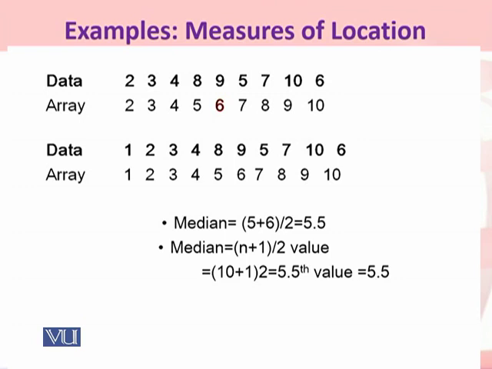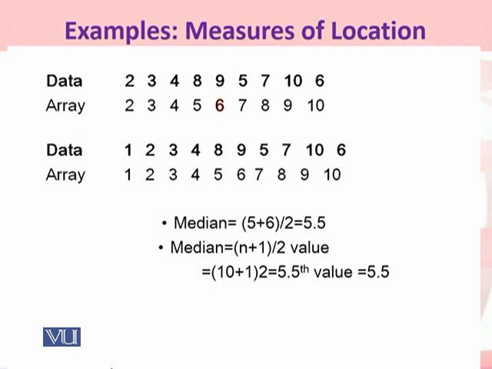The first data I am taking shows certain values from 2 till 10. So there are values 2, 3, 4, 8, 9, 5, and so on. Now, in order to calculate the median, the first thing we have to do is arrange the values from smallest to the largest observation. As you can see, the minimum value after arrangement of the data is 2 and the maximum is 10.